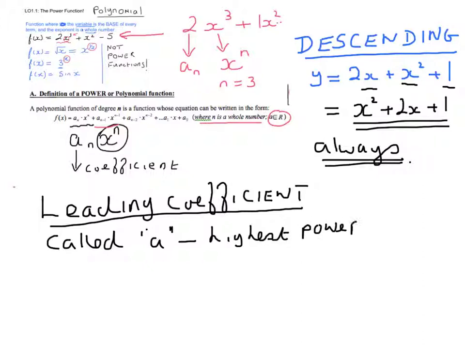Take a look at the two examples on this screen and make sure that you know what the leading coefficient for both of them is. On this one up here, 2 is in front of the term with the highest power of x. It is the leading coefficient. And here, it's 1.